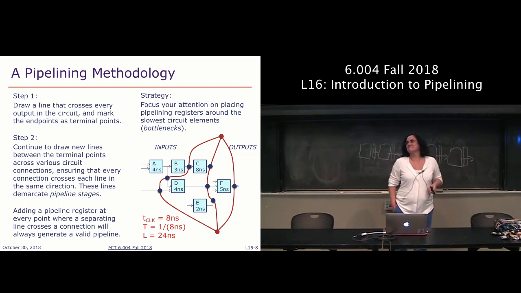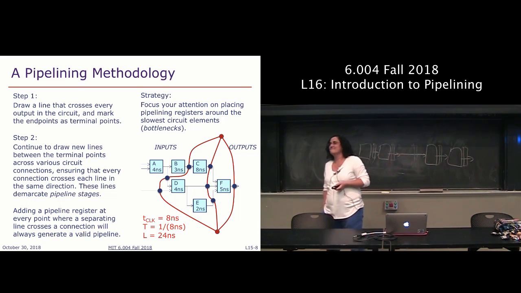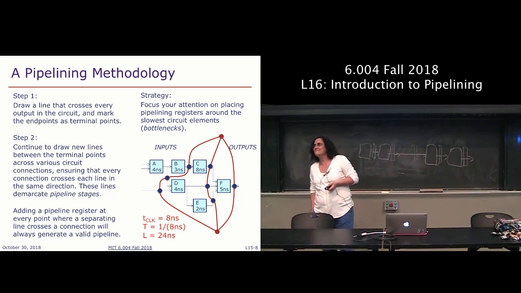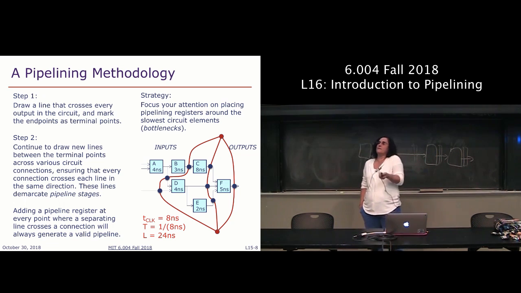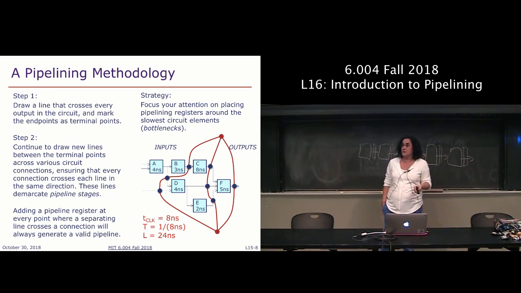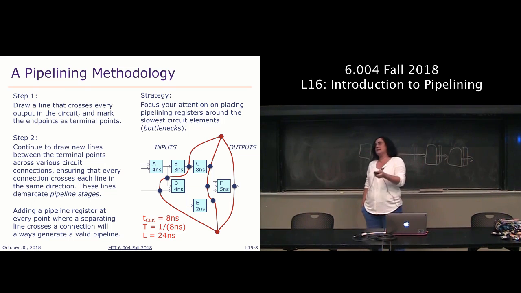Yes? If you're given the circuit, how do you decide what the number K is? How did you know to only draw 3 lines versus 2? So, you basically have to figure it out. The first thing you're going to do is figure out what your slowest component is. That's going to determine your T clock.